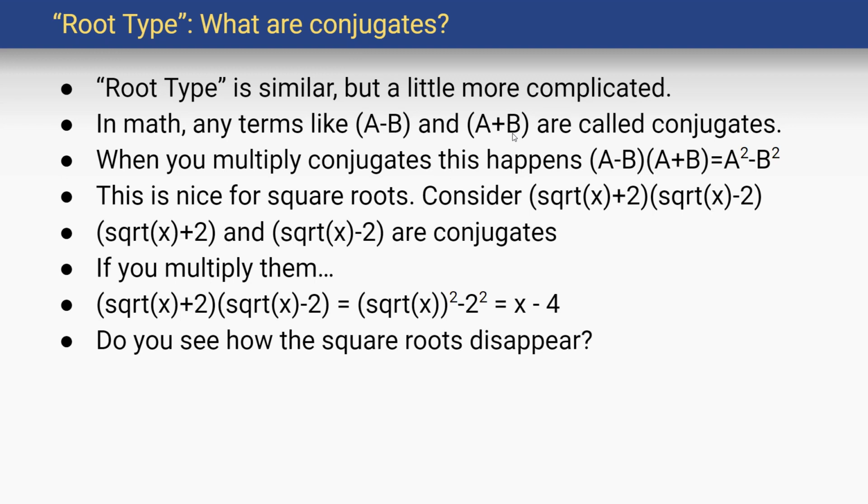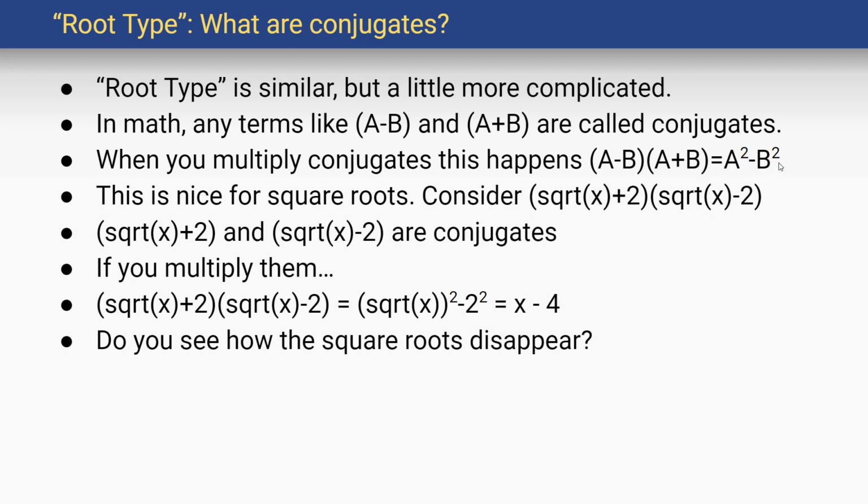That's what makes them conjugates, okay? And what's special about conjugates is that when you multiply them, it cancels out a certain way. So whenever you do a minus b times a plus b, the result is a squared minus b squared.